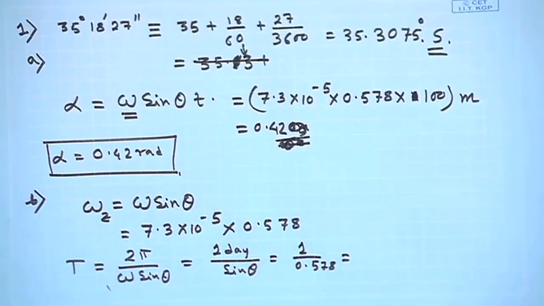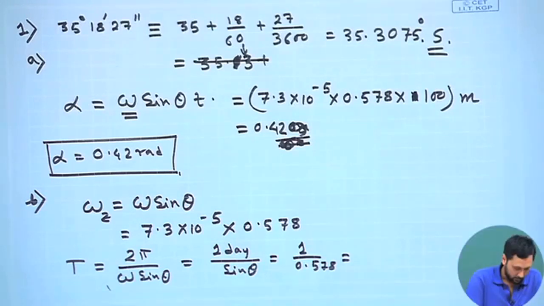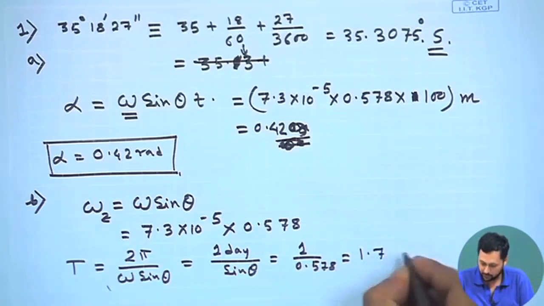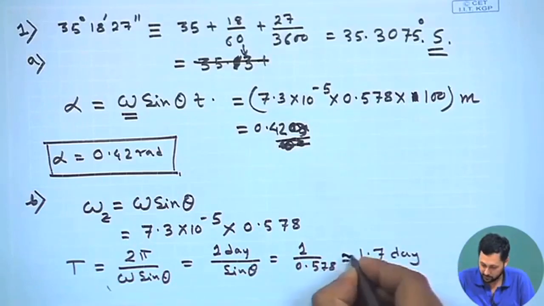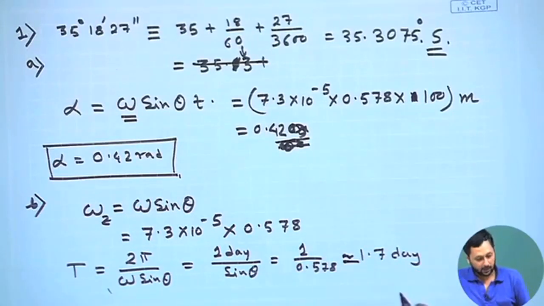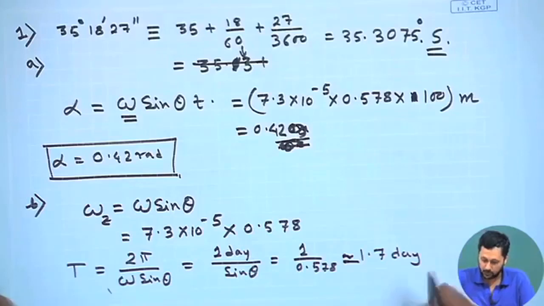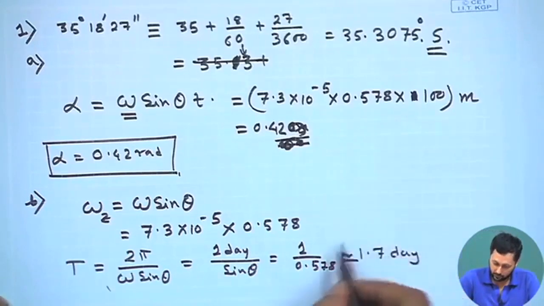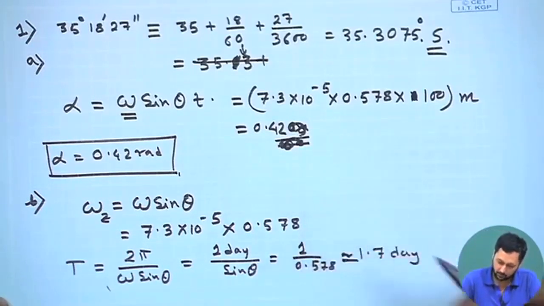So, 1 divided by 0.578 will be approximately 1.7 days. So, it will take more than 1.5 days for the plane of the Foucault pendulum to make a complete rotation.